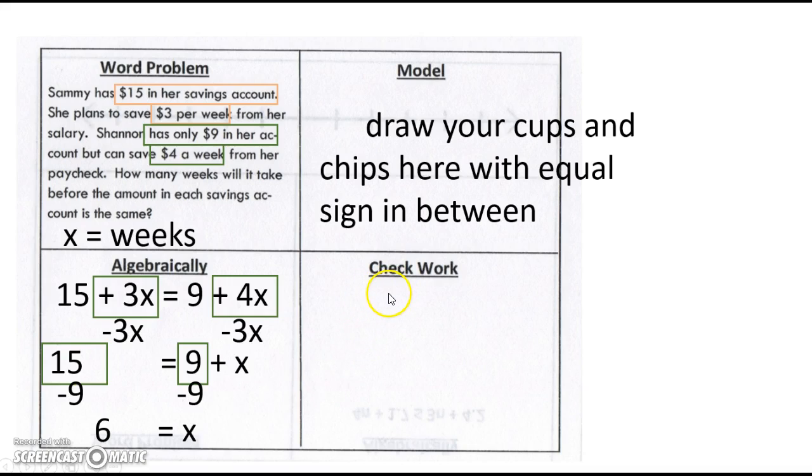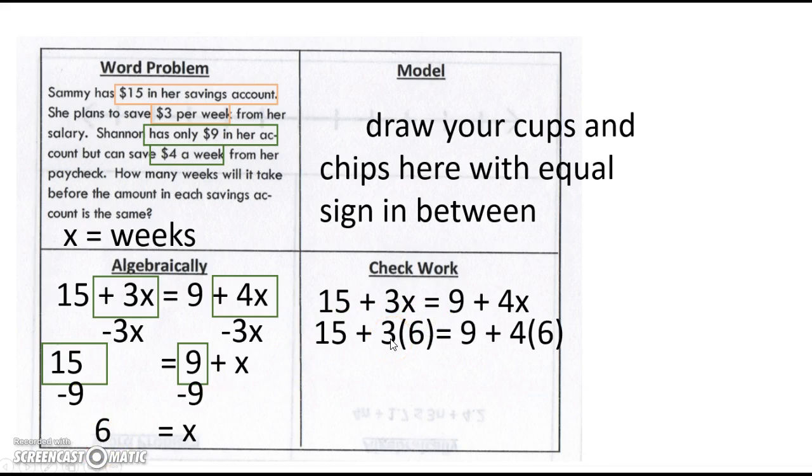To check your work, you're going to write your starting equation again, and everywhere you see an X, because we said X was 6, you're going to put a 6. And then you're going to do order of operations and solve. So, for example, 3 times 6 is 18. 4 times 6 is 24.